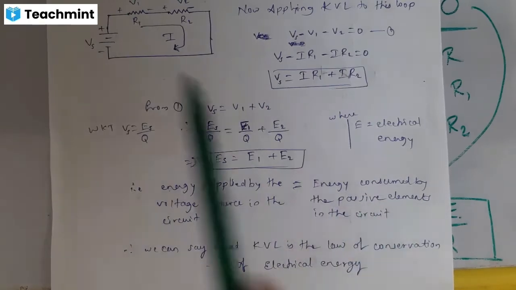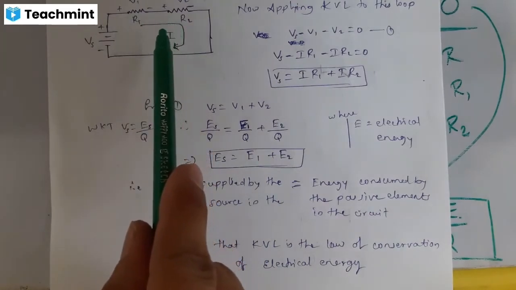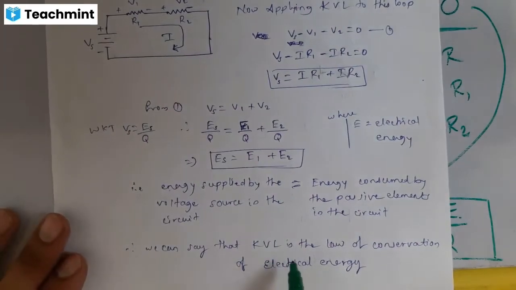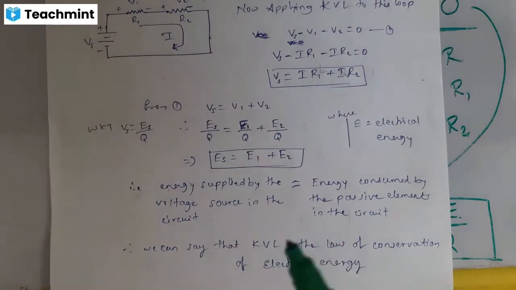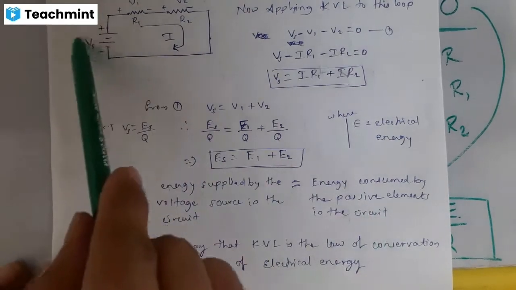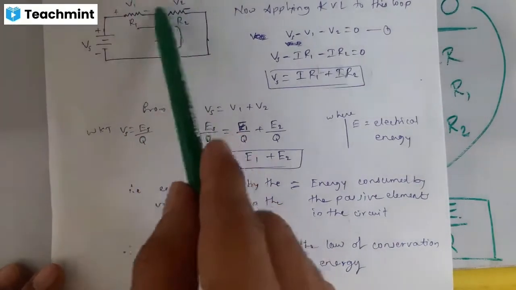Who are the passive elements? R1 and R2. They are consuming the electrical energy. So we can say that KVL is the law of conservation of electrical energy. Whatever energy you are giving, that energy is consumed by these resistors. The source gives some energy, and exactly all that energy is consumed by R1 and R2.